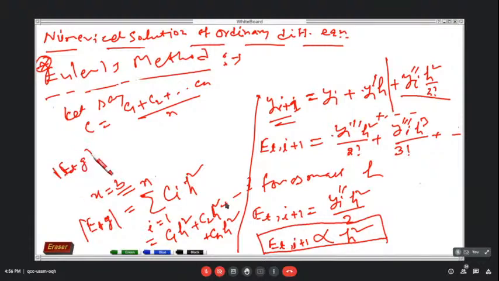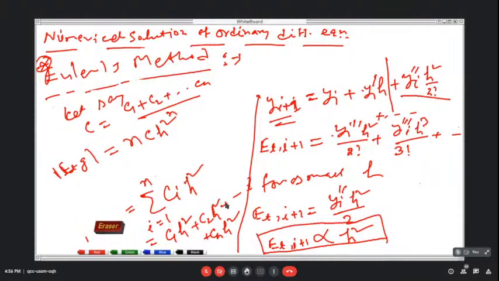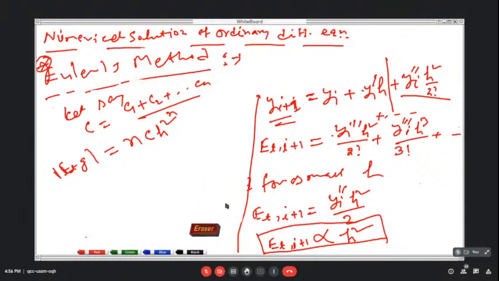If this is the case, then the truncation error is equal to n c h square. Now you know that x is equal to b is the target point. So if I want to write h in terms of x and y and n, then how can I write it? What will be your n? n is nothing but, sorry, (b minus x0) divided by h, if h is given. So you can put it here.